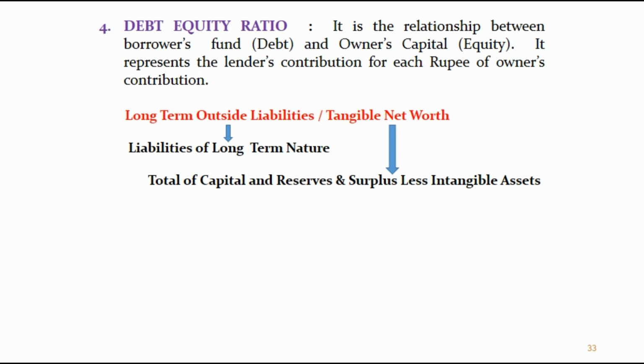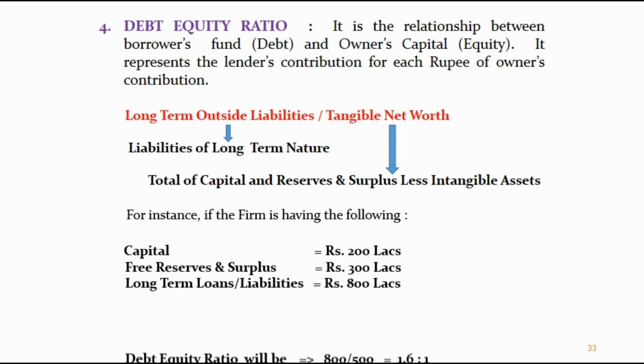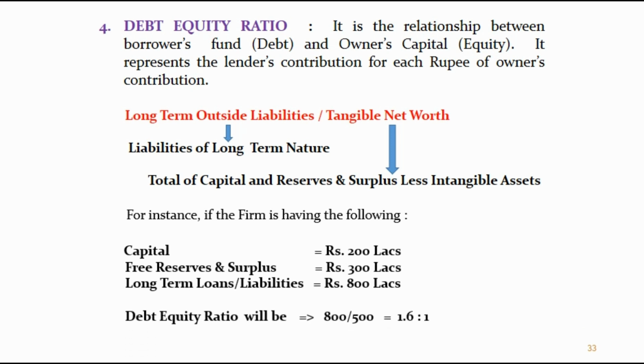So long-term outside liability divided by tangible net worth. So debt equity ratio will be debt divided by equity. So debt is 800 and equity is capital plus free reserve 500. So 800 divided by 500 is 1.6 to 1.